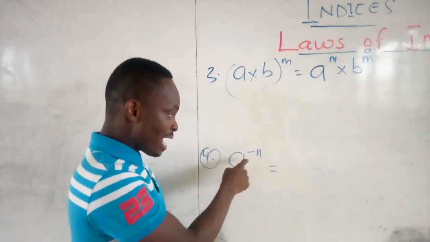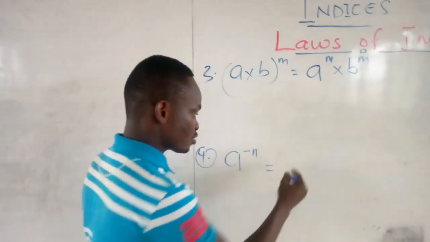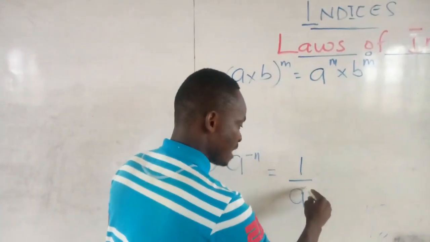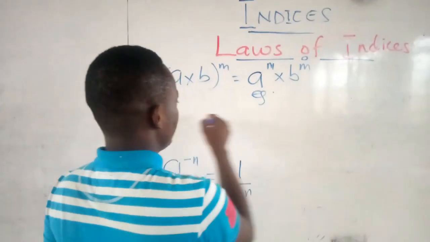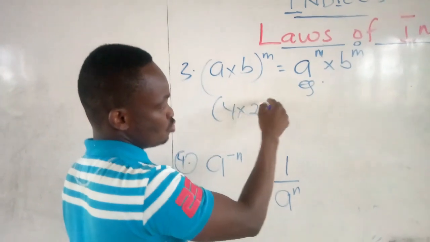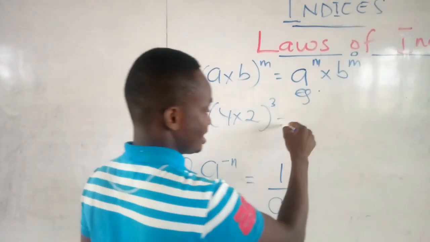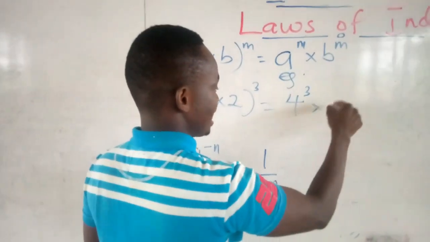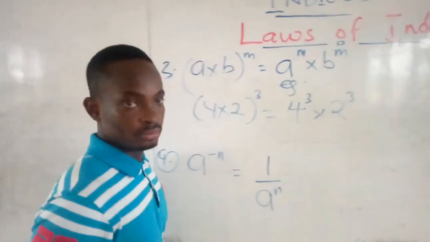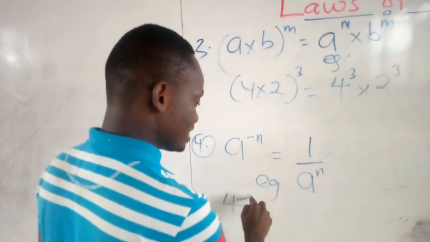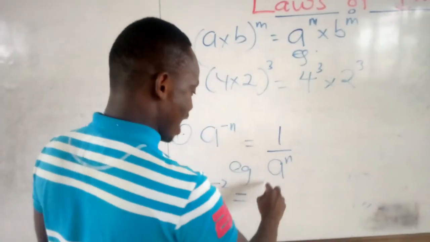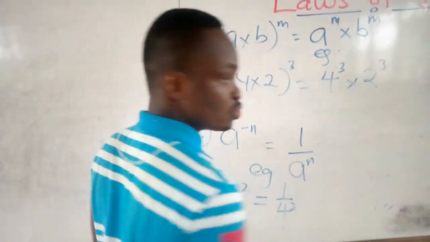So a to the power negative n becomes 1 over a to the power n. Let's take an example here. We have 4 times 2 all to the power 3. It's the same as 4 to the power 3 times 2 to the power 3. Now we have 4 to the power negative 2 gives us 1 over 4 to the power 2.